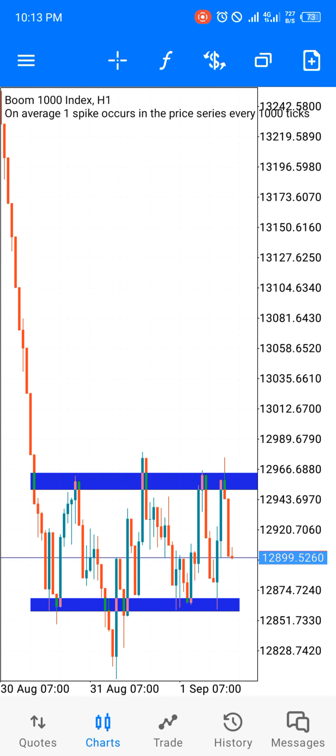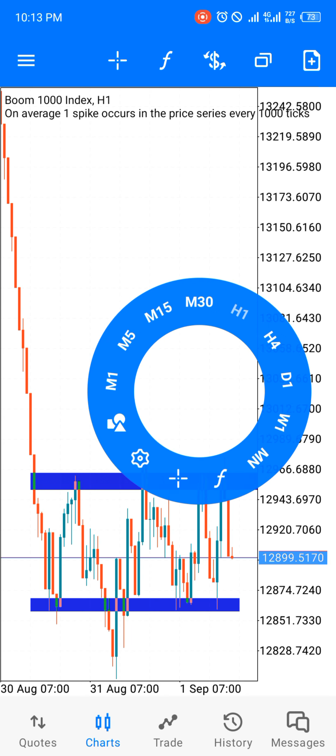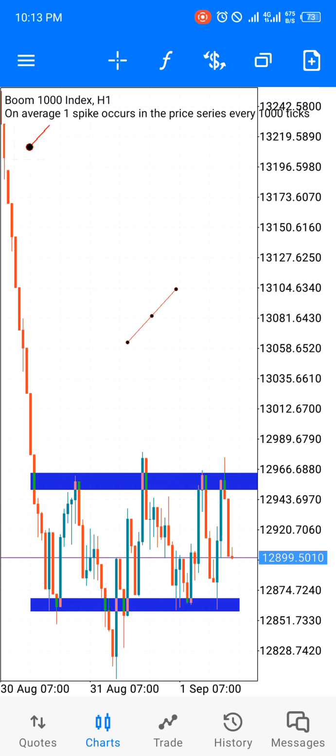Because this market is currently consolidating around this place. So I drew these two key levels here, stating that I'm expecting the market to reverse whenever it reaches or hits this box point here.